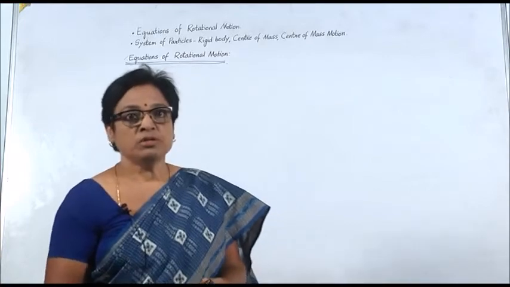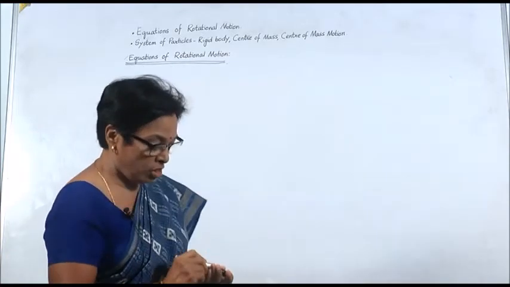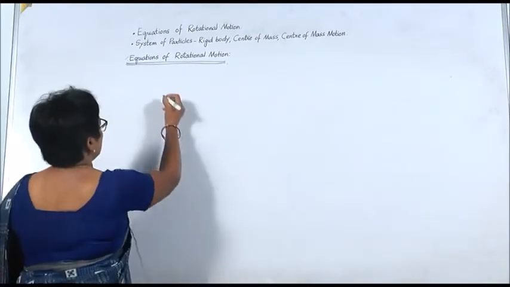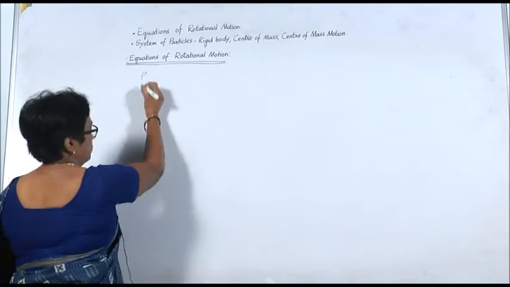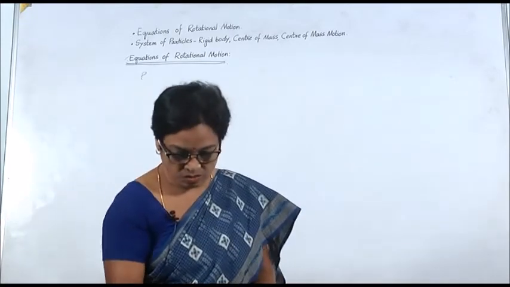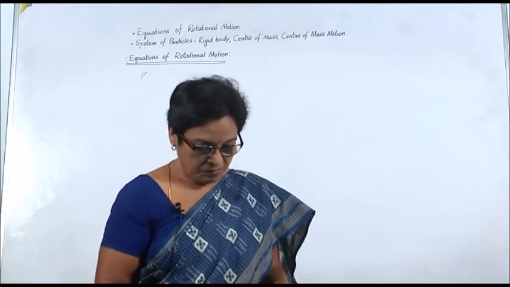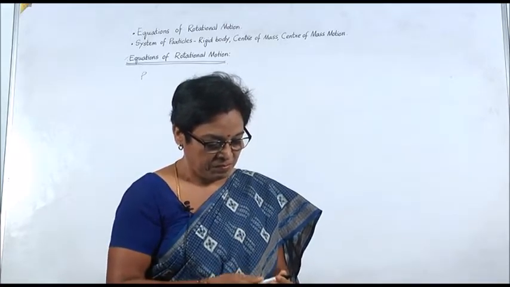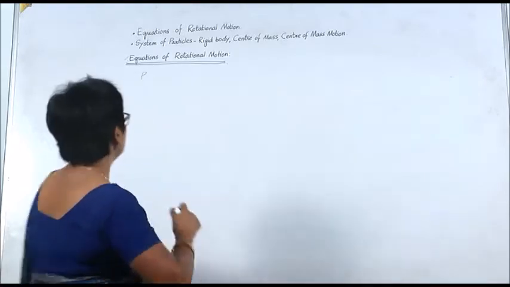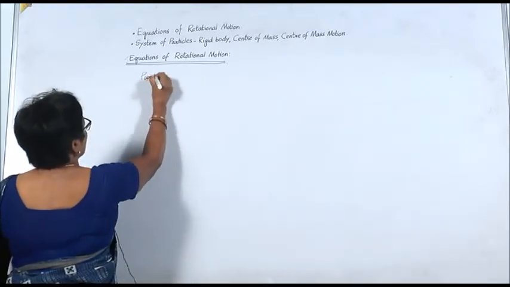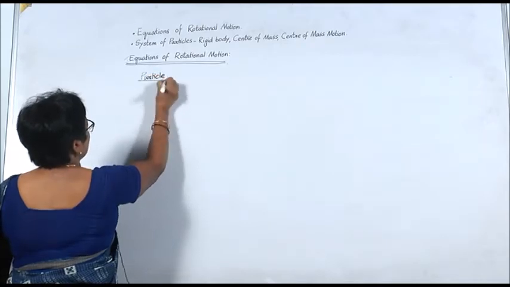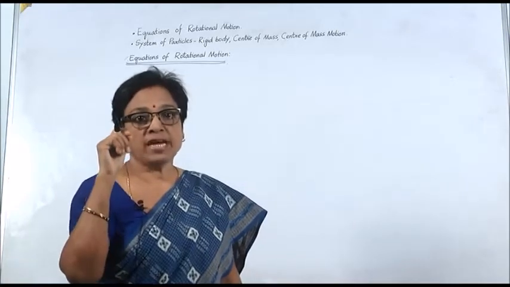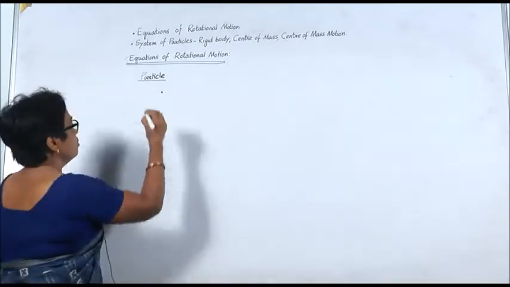Now, when I talk about a particle undergoing a linear motion, when there is a particle, it means it is a point mass which has no dimension, that means it has no length, no breadth.